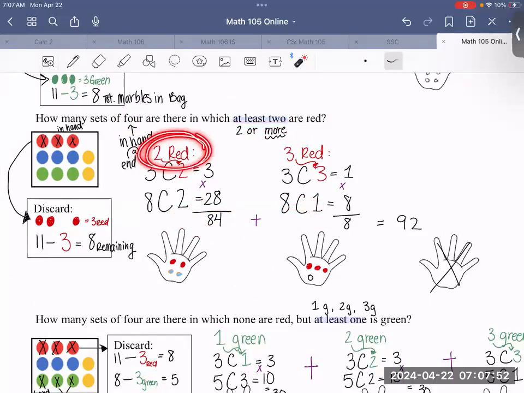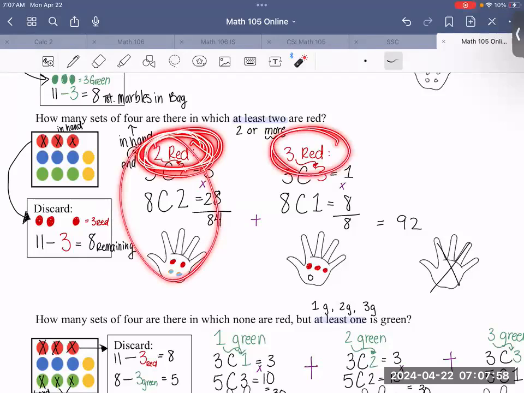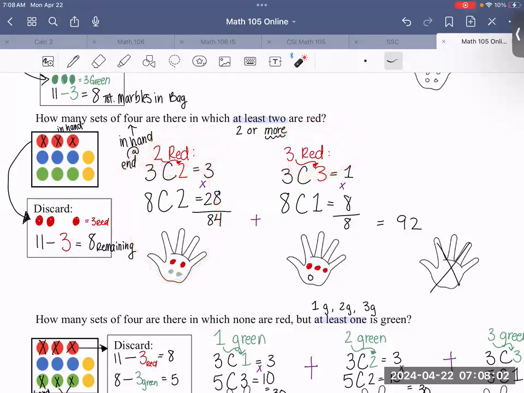So I can either do an experiment where I have exactly 2 red, or an experiment where I have 3 red. So in this first scenario, we said 2 red. I'm going to take 2 of my 3 red, and then I'm not allowed any more red, because the 3 is reserved for the next one.